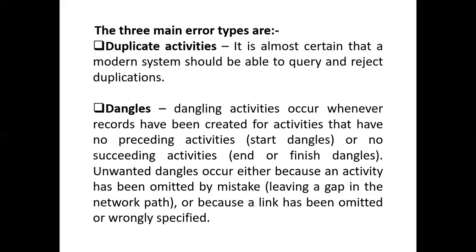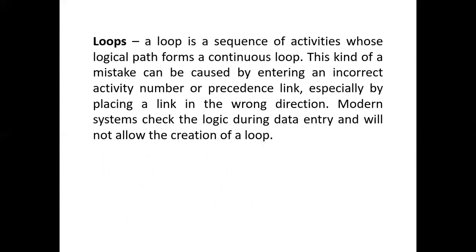A dangle is basically when an activity has no successor or predecessor. The start has no predecessor and the end has no successor. So these two are the only nodes allowed to be that way. Apart from these two, any node like that is a dangle, an error.